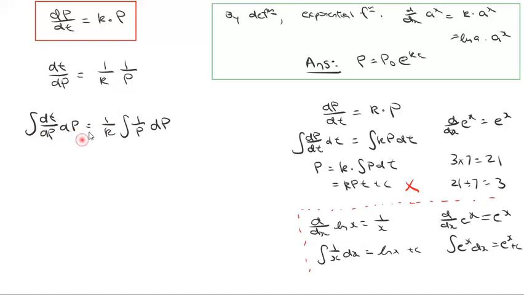And so when this cancels on the left, this is t, that's fine. Now, because the derivative of log x is 1 over x, the integral of 1 over x is log x, so this will just be log p.